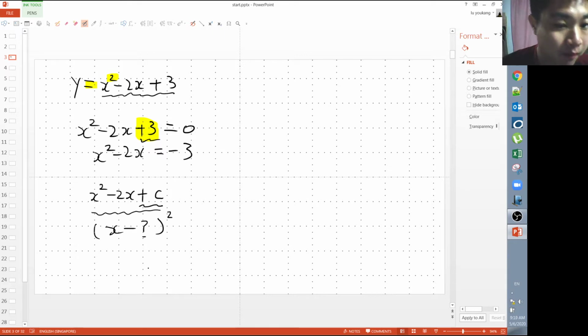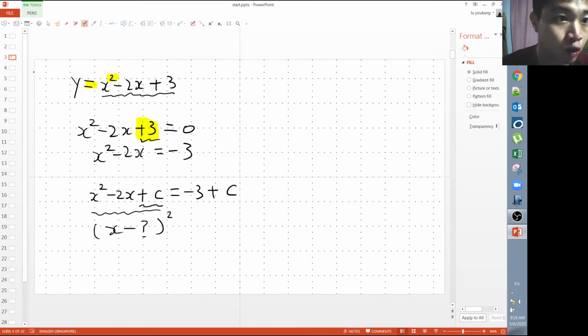Since you have added a plus c on the left hand side, you have to add a plus c over here to balance the equation. In mathematics, let me emphasize this once again, you can transform the question given, but remember not to change the value.